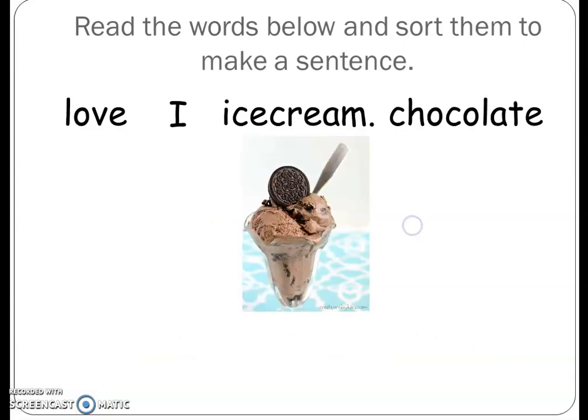All right, try this next one. I'll read the words to you. Love, ice cream, chocolate. Go ahead, think about those rules. Think about what would make sense. And look at the picture to help you.